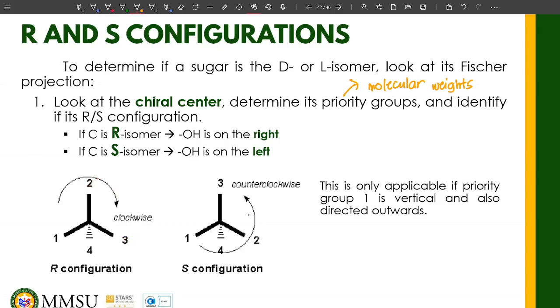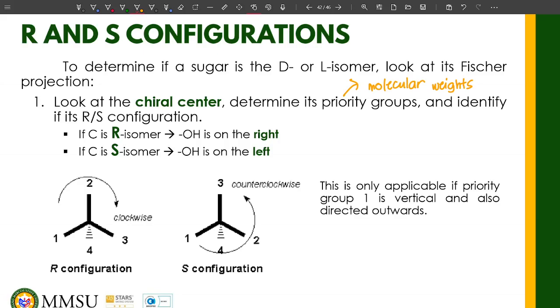And then next is an S configuration if your priority group is here and then counterclockwise, your second priority group is here. So that would be an S configuration. Remember that R is clockwise and S is counterclockwise.